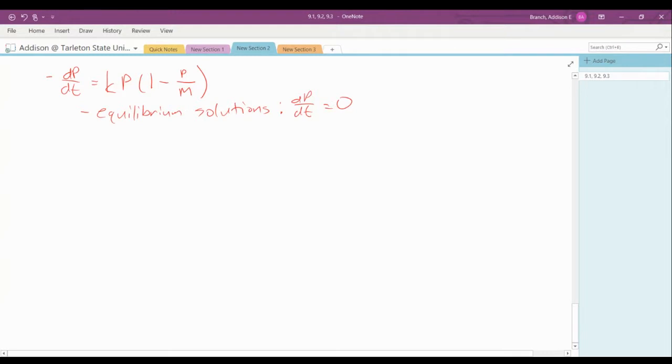So essentially at that point our population is neither growing nor shrinking, it's just staying at a constant equilibrium rate. And another interesting aspect is that as our population approaches our carrying capacity, our growth rate will approach 0.